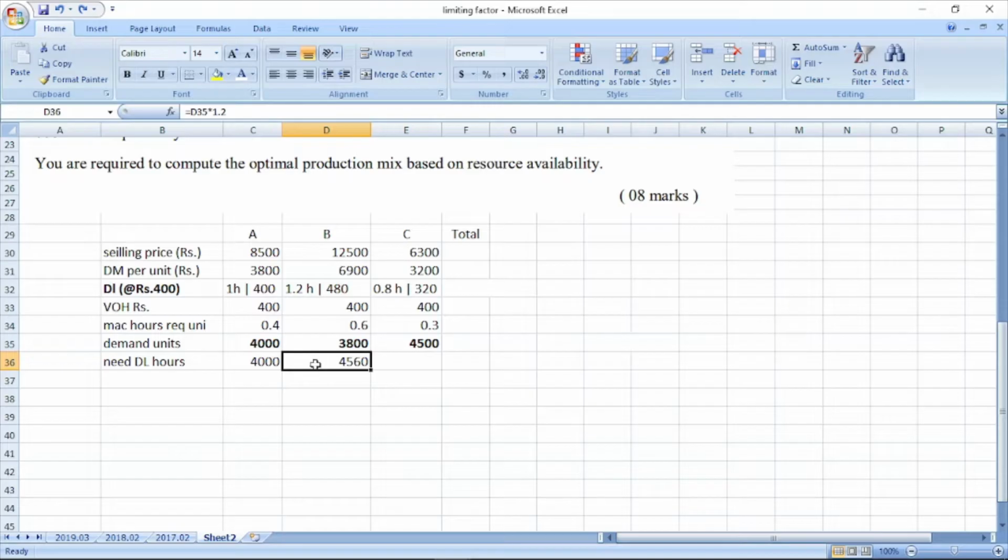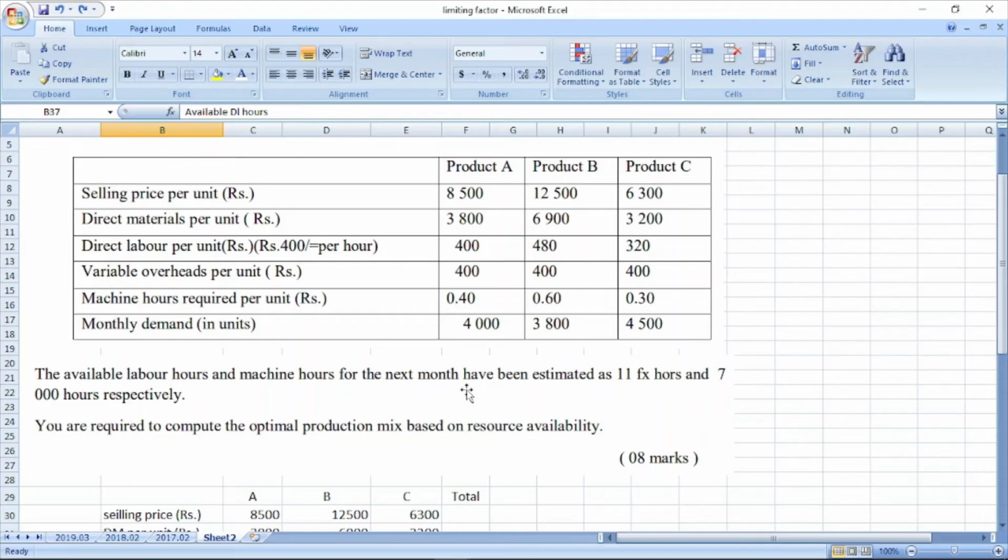Next, 3,800 units into 1.2, it is 4,560. And product C, direct labor for one product is 0.8 hours, so 0.8 into 4,500, it is 3,600.